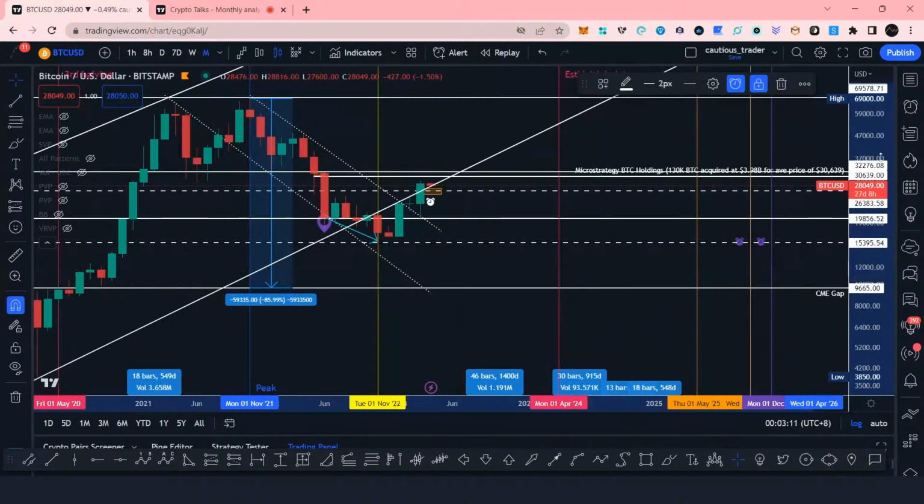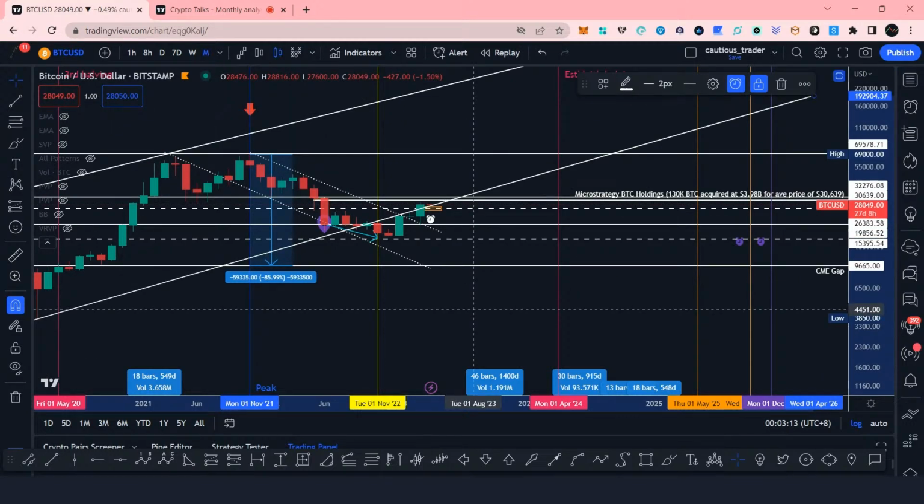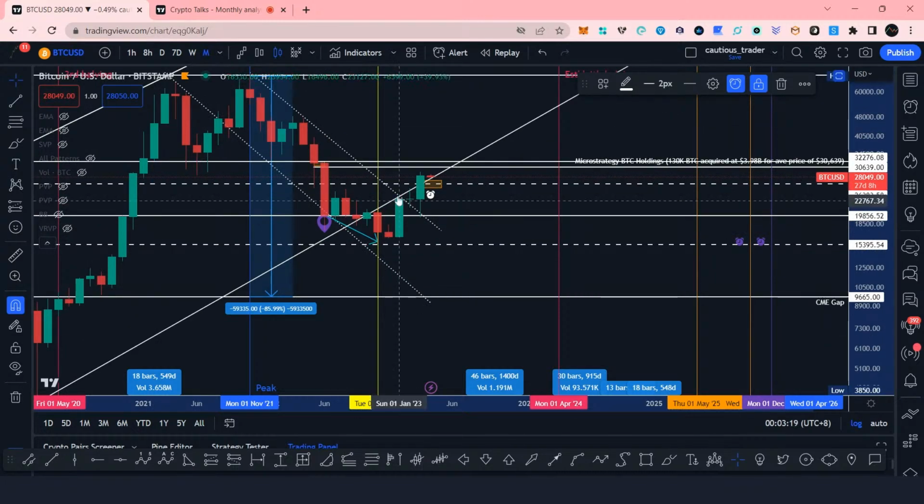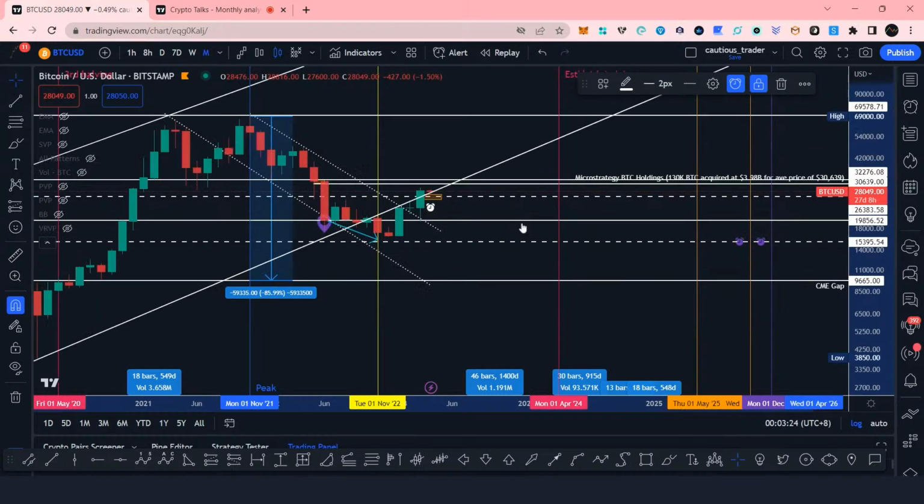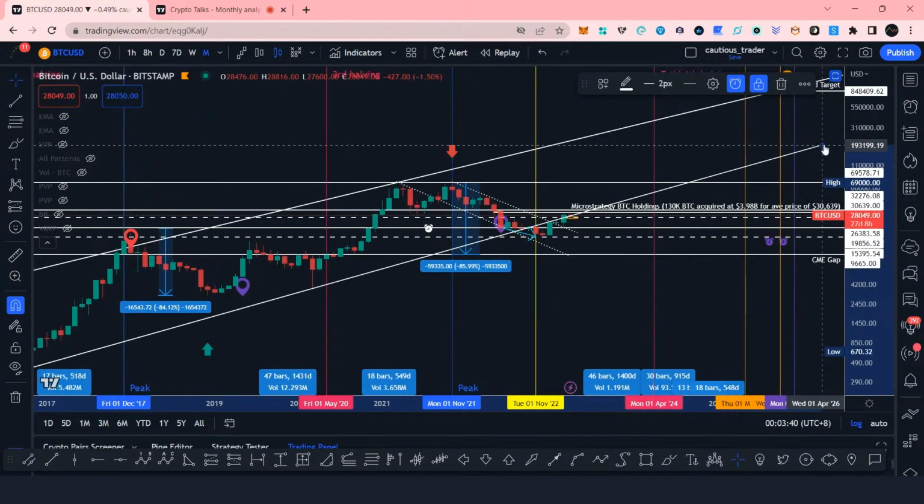Let me just go back to that monthly, because this is also an exciting part that I really wanted to share. If you look at it, this is actually a doji. As long as it holds above that doji, expect a possible continuation of it, as long as it holds above our bullish support area or support trend here.